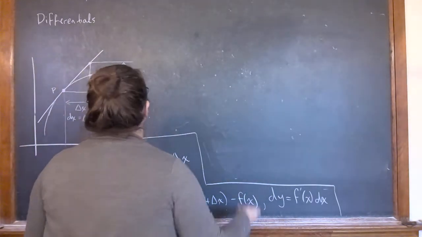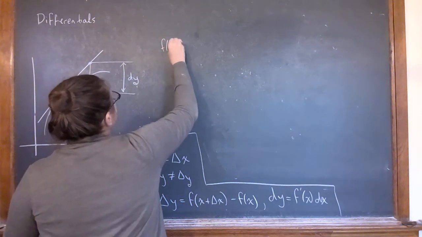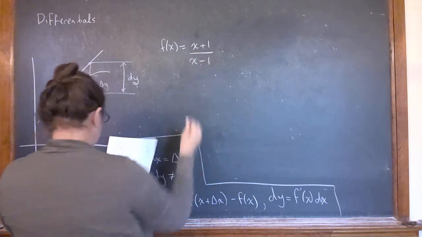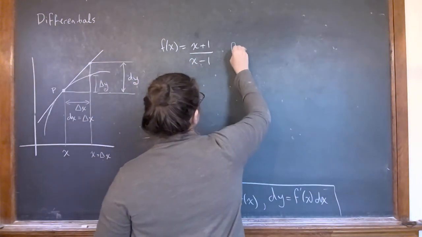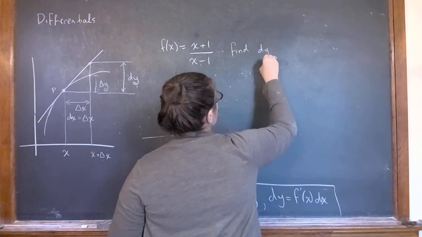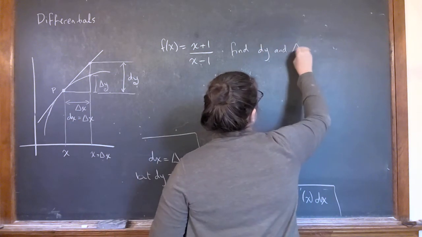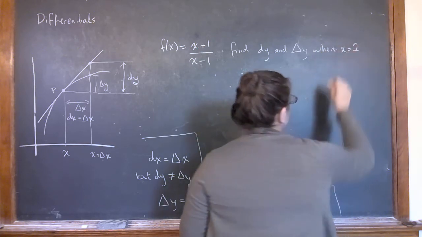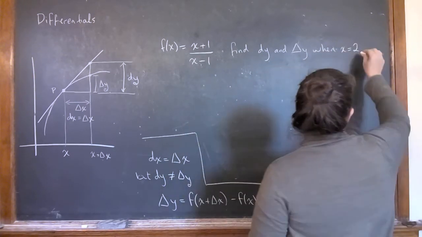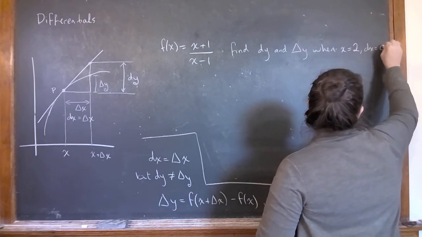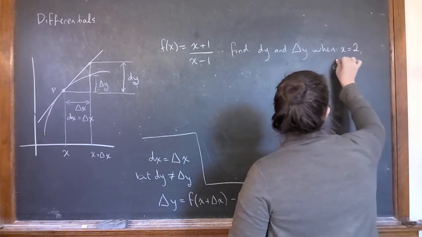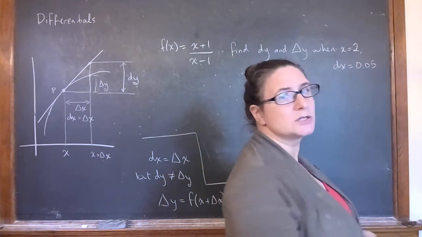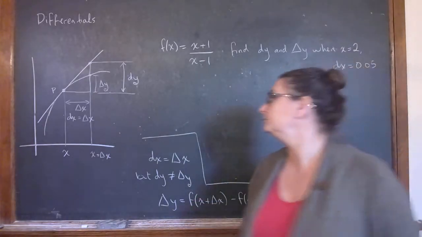So they give you a function, and they ask you to find dy and delta y. x is 2 and dx is 0.05. Again, the dx is always a small increment.